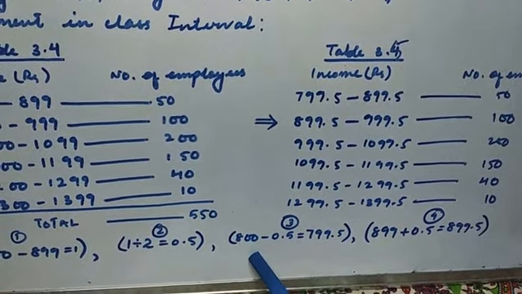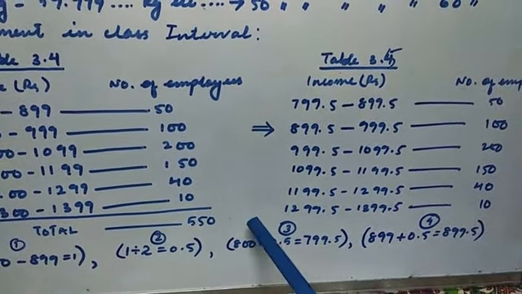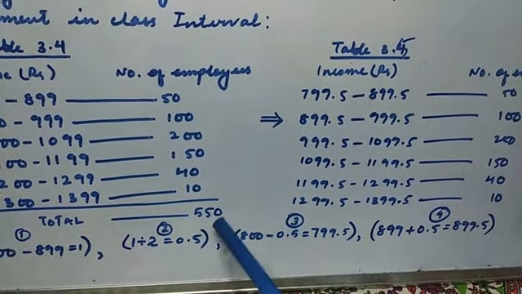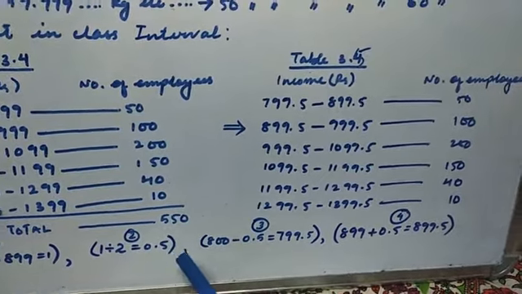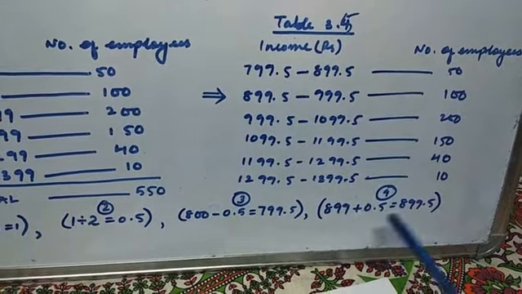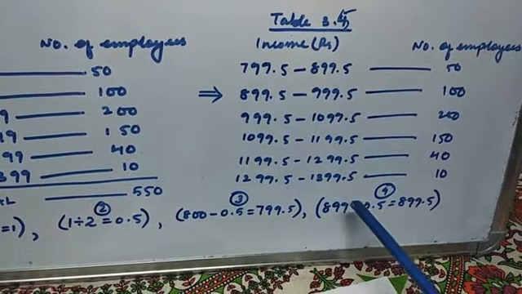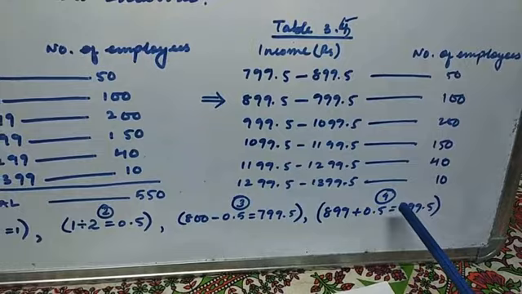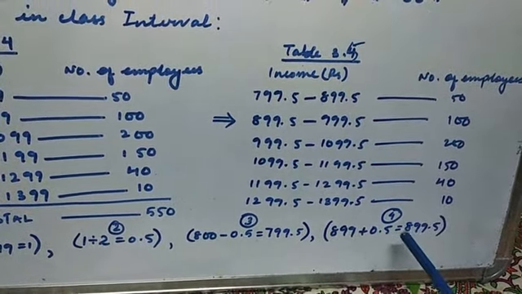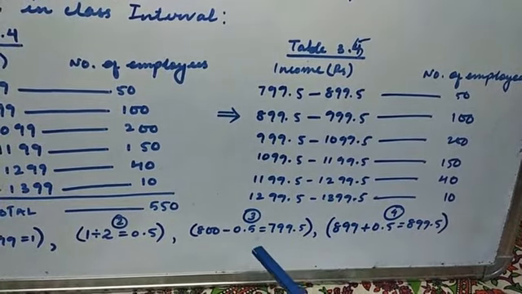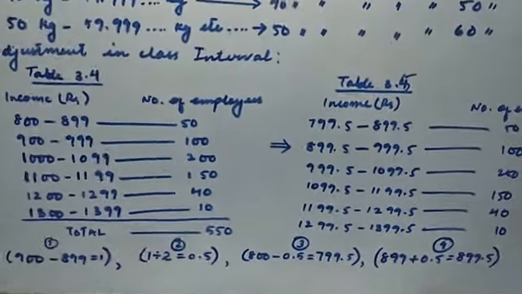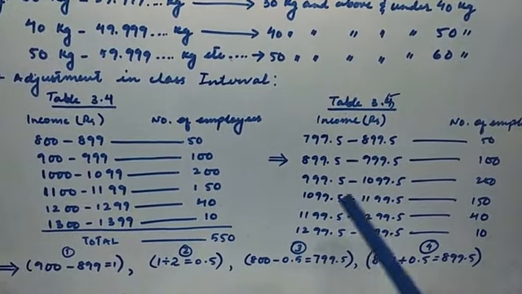Don't forget, it is the lower limit of the classes that we subtract the value from. The last step is we add the value obtained, 0.5, to the upper limit of the classes. So we subtract 0.5 from the lower limit and add 0.5 to the upper limit of the classes. That is how we adjust the class interval.